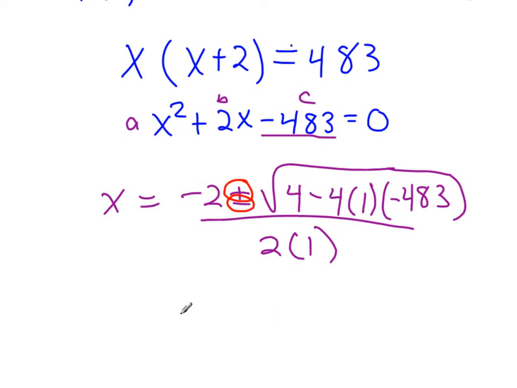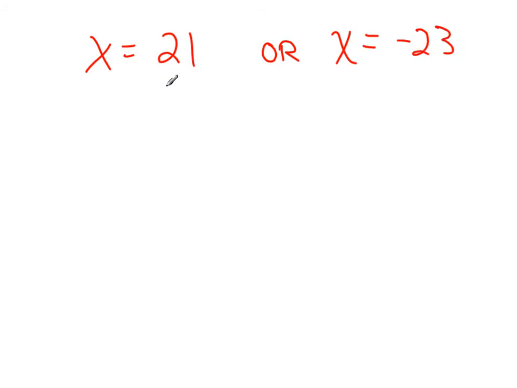Okay, so after you've plugged it in, you should get x equals either 21 or x equals negative 23. Now be careful. We're not going to throw out any answers just yet. We'll go back and read the original problem. So hold on to your answers.